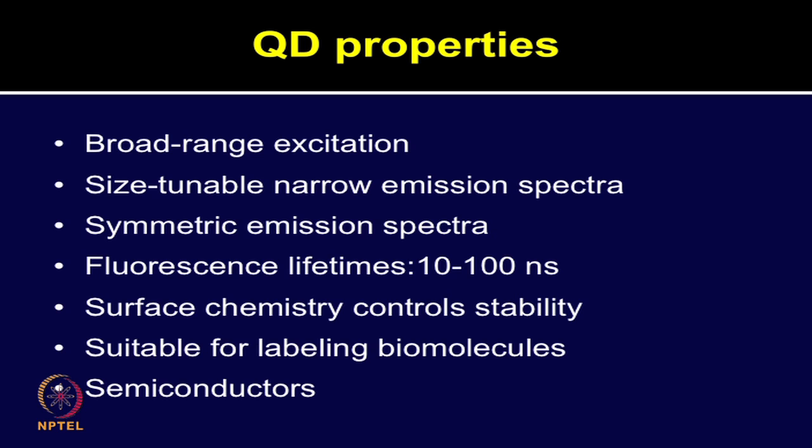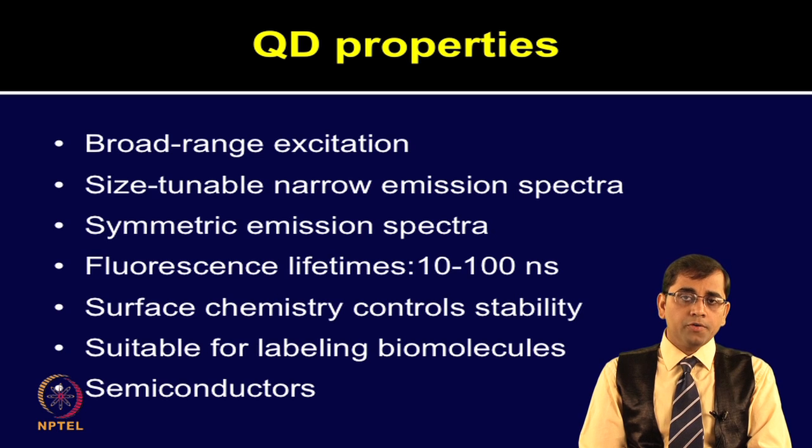So, what are the different properties of quantum dots? They have broad range excitation, and size tunable, narrow, as well as symmetric emission spectra. Their fluorescence lifetime ranges between 10 to 100 nanoseconds, and the surface chemistry controls their stability.